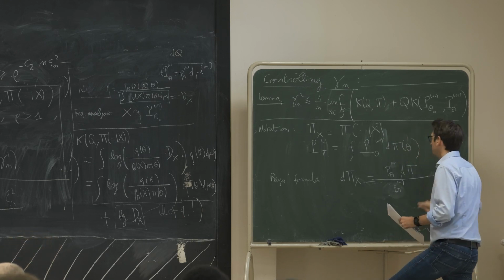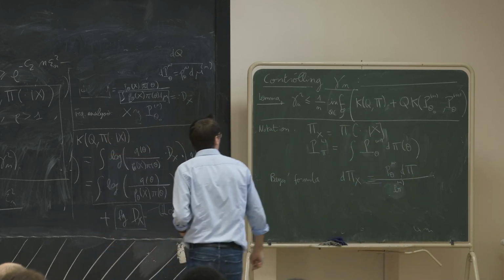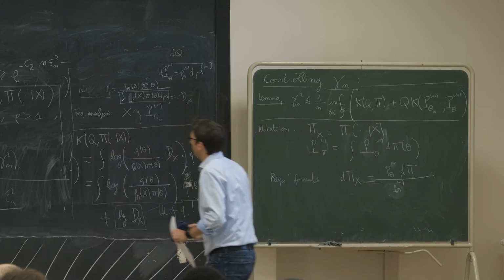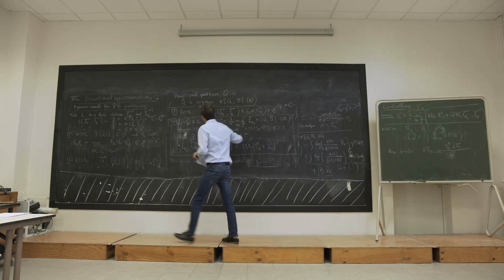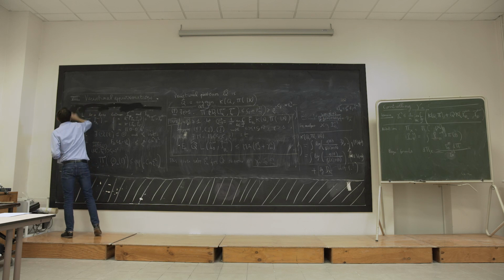Okay, so that's Bayes formula. All right, and now we can write this quantity here. So let's rewrite the Kullback.